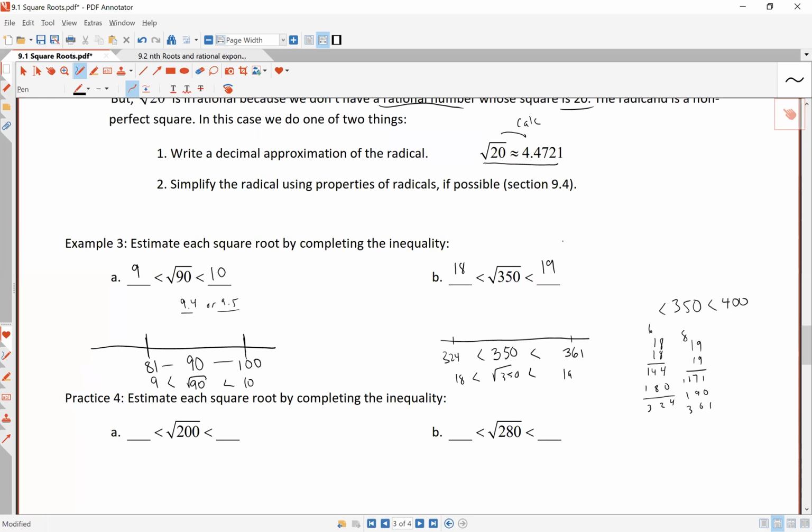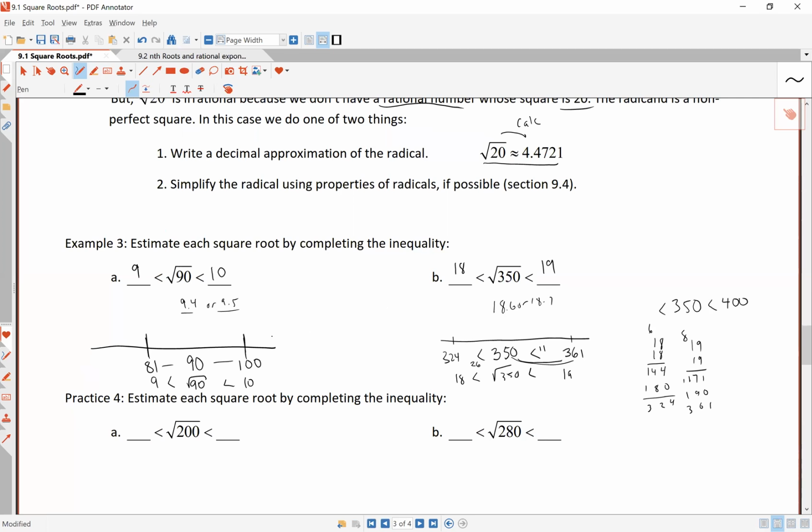But if we wanted a decent decimal approximation, we'd say that 350 to 361 is 11 away. 324 to 350 is 26 away, so it's closer to 19, so we might say 18.6, 18.7. And that's how you estimate these, by eyeballing them.